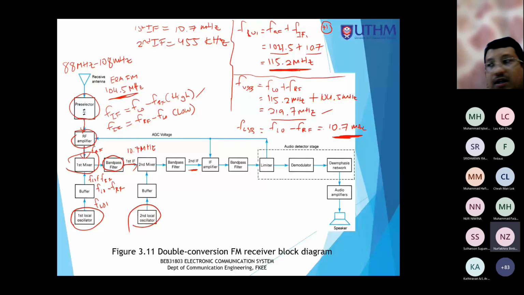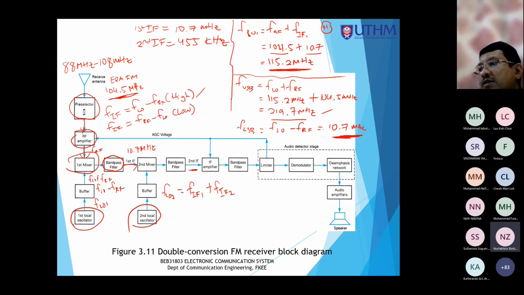FLO2 would be equal to the input, FIF1, plus FIF2, which is 455 kilohertz.